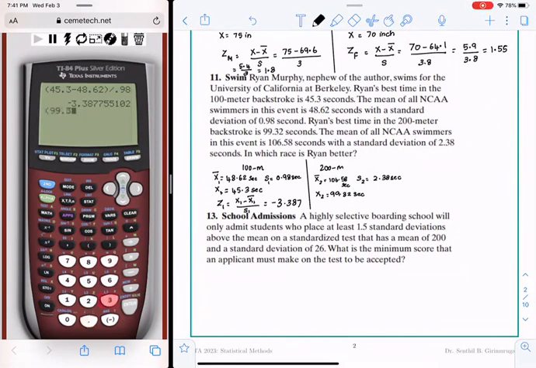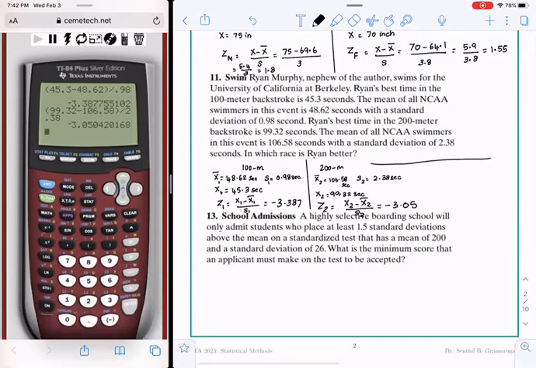So 99.32 minus 106.58 divided by 2.38, which is the standard deviation. So we end up getting negative 3.05.